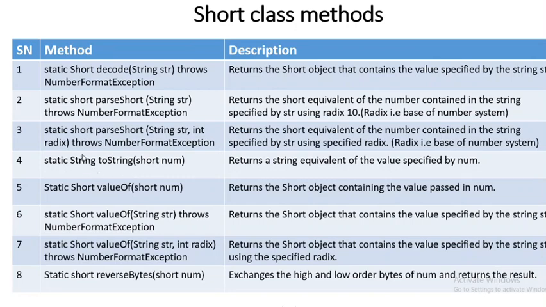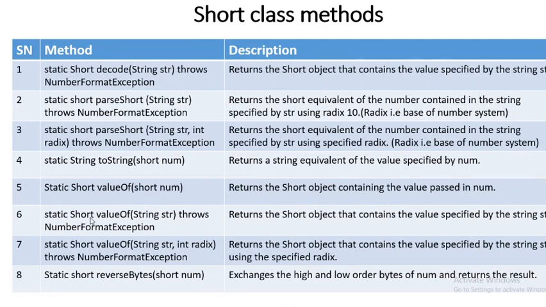Next, return type is String. Whatever the given number is over here will be converted into a string. Method name is toString. Return type is Short object. valueOf is the method name, and in brackets the argument is of type primitive short number. So this primitive short number will be converted into a Short object. This is the boxing method, so the primitive data type is converted into a Short object.